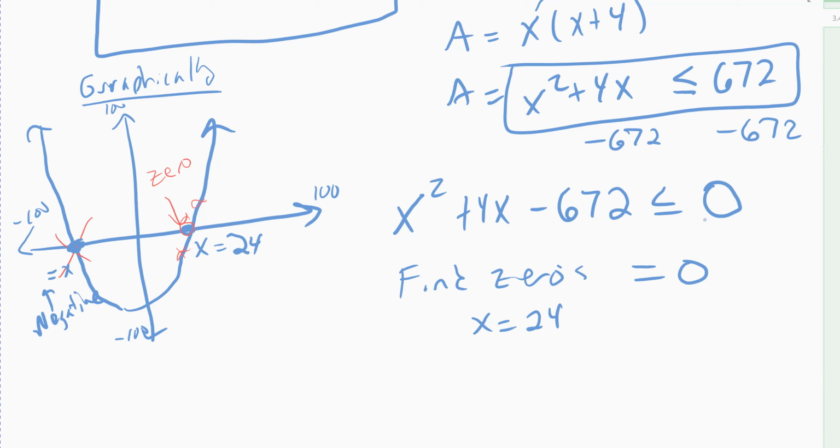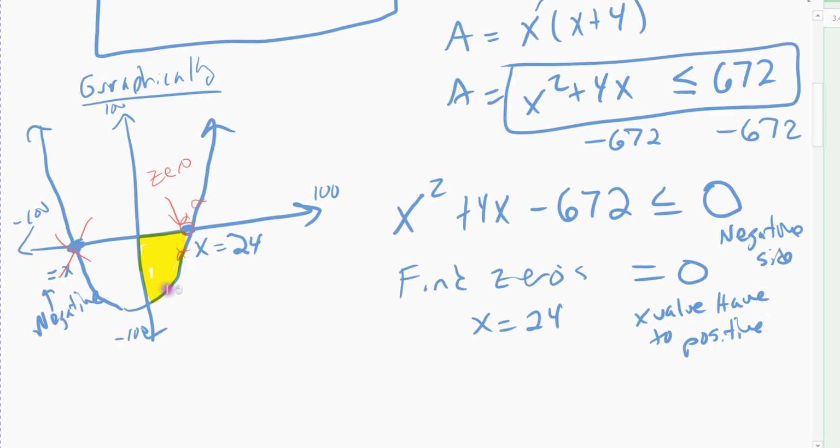And then I want the part that's less than it. So less than it means the negative side. Keeping in mind the x values have to be positive, because they're the width. And so keeping that in mind, this is the part I want.